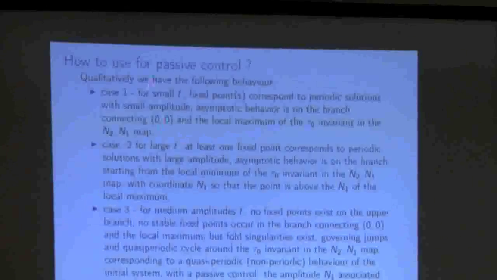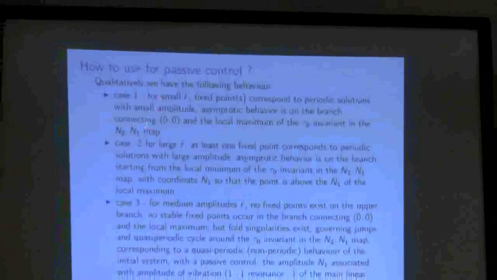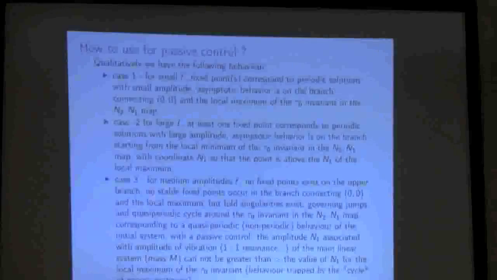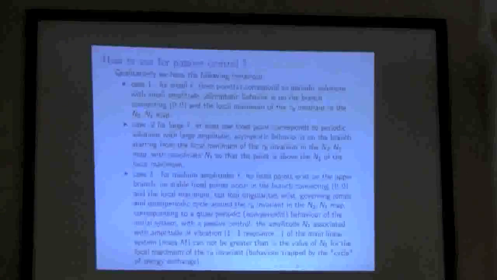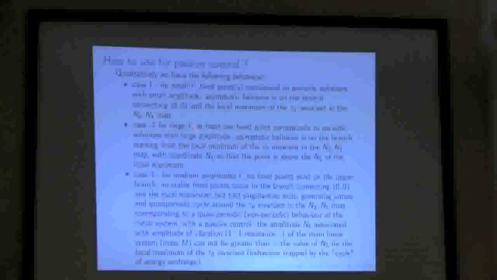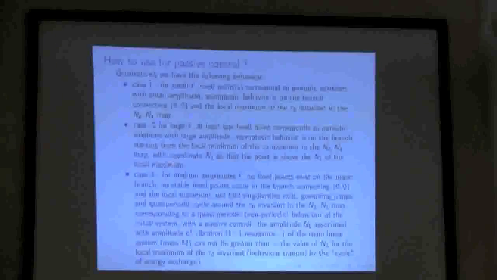Case 1 is periodic solutions but of low amplitude. Case 3 is quasi-periodic but at limited amplitude after a transient that could be chosen as short as possible, but never case 2, because case 2 corresponds to periodic solutions of large amplitudes.